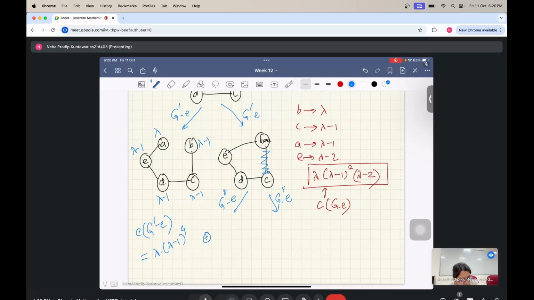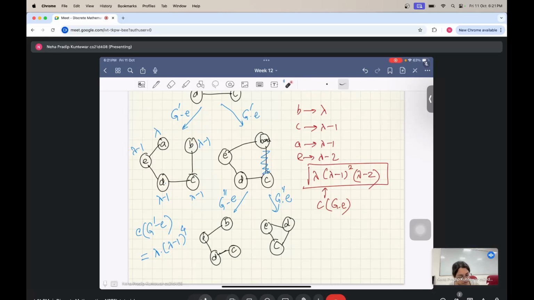G double prime minus E is simply a path of length 4, and what is G double prime dot E? It is E, D, C, and that's it. That's just a cycle of length 3.